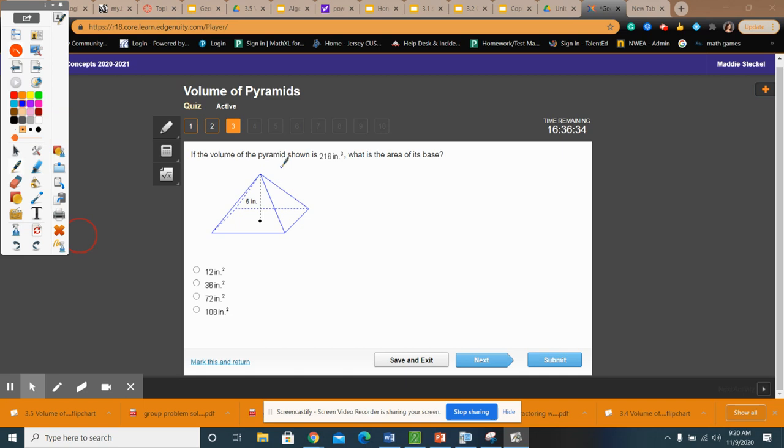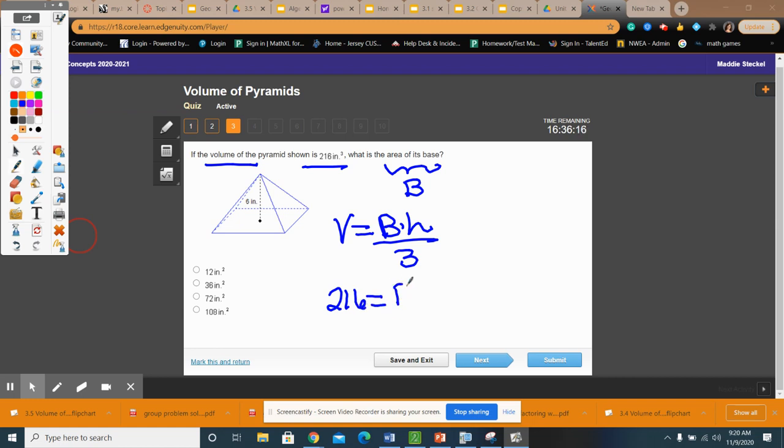Okay, this time they're telling me that the volume is 216, and they want us to find the area of the base, which is big B. So the volume is big B times H divided by 3. They want me to find big B, but the height is shown in the picture, and the height is 6.